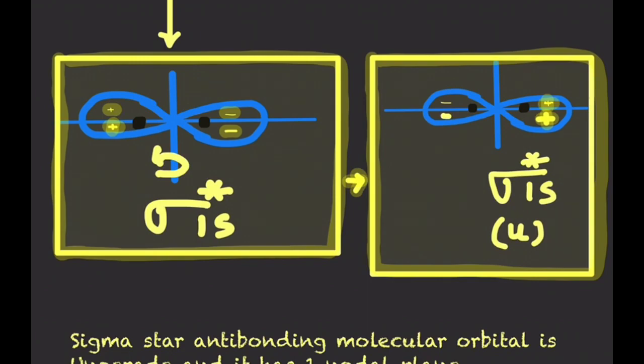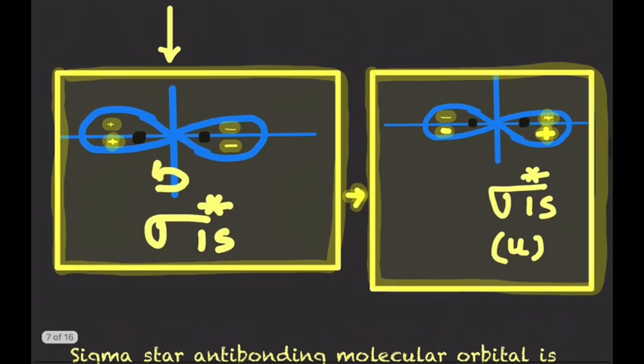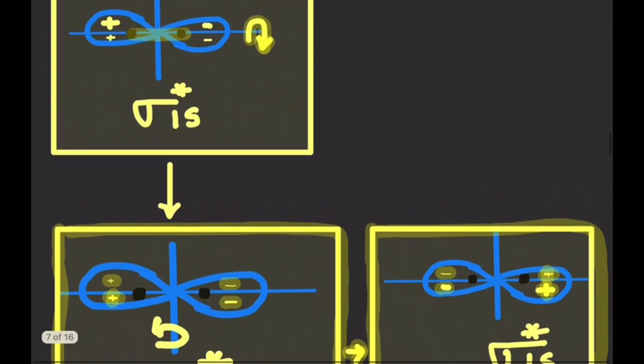The upper lobe will be the same, thin positive sign, lower is thick positive sign, and the left hand side lobe will be negative. Now we can compare the first diagram and the second diagram. You can see that if we pass through the internuclear axis, the sign of the lobes changes. Initially it was negative and now it is positive. So from here we can decide that this anti-bonding molecular orbital 1s is ungerade.